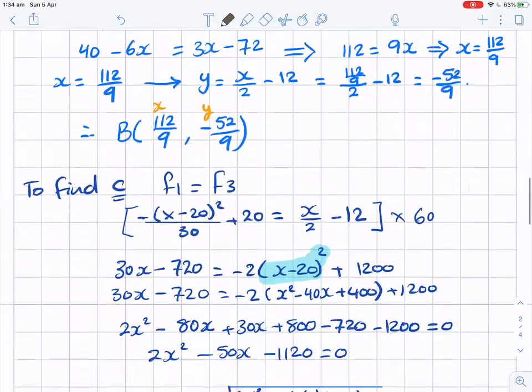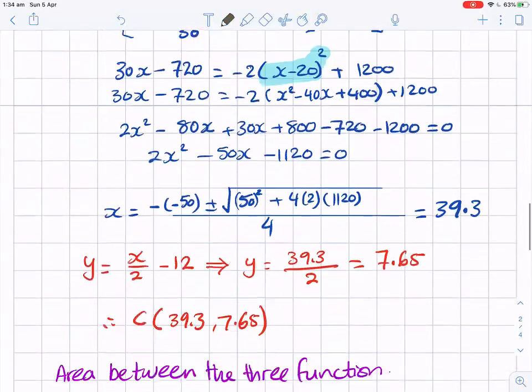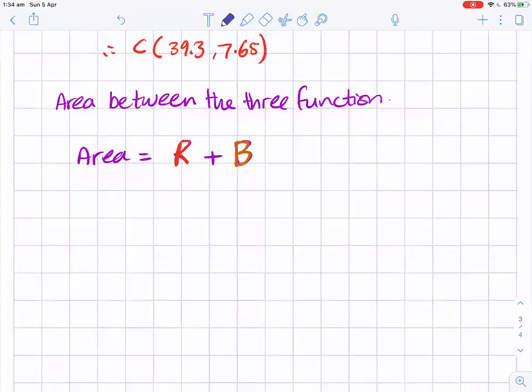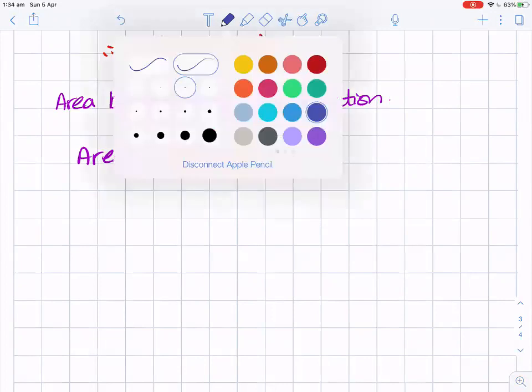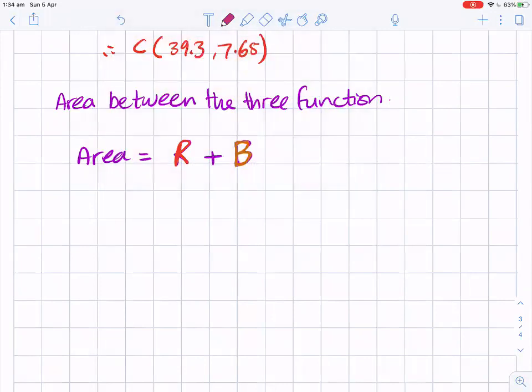Now, what's the red area here? As we said, the red area, I will write it in red. Red area is basically the integration from 0 to 112 over 9 for function 1 minus function 2 dx.